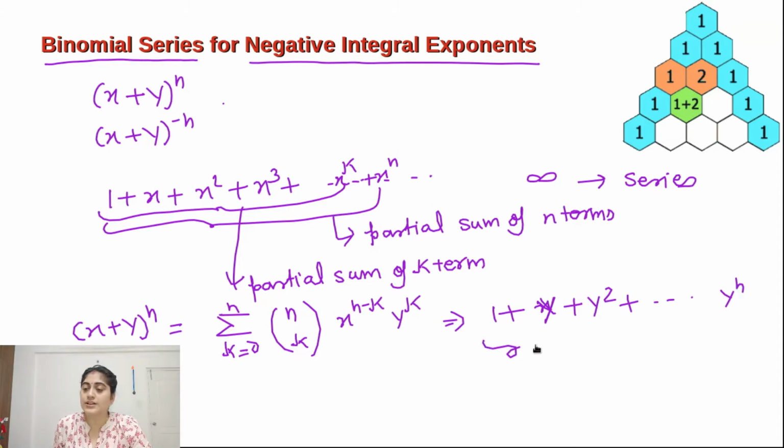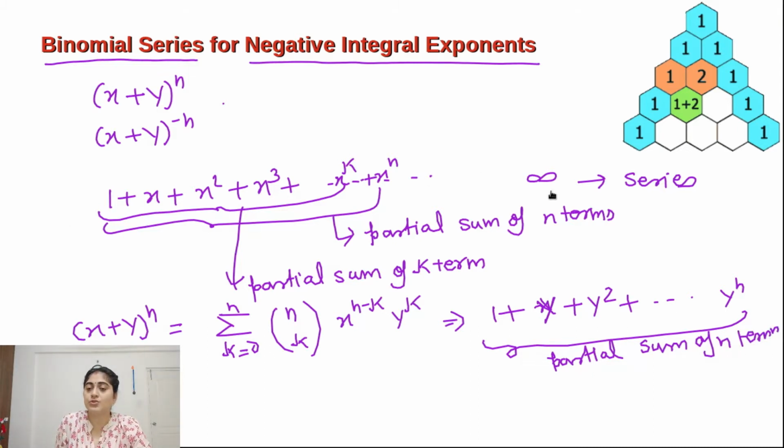So this is not a series, this is the partial sum of n terms. But if it goes to infinity, then it is called a series. And when you have a negative integral exponent, it will make a series only, and the terms will go up to infinity. Why, we will understand.